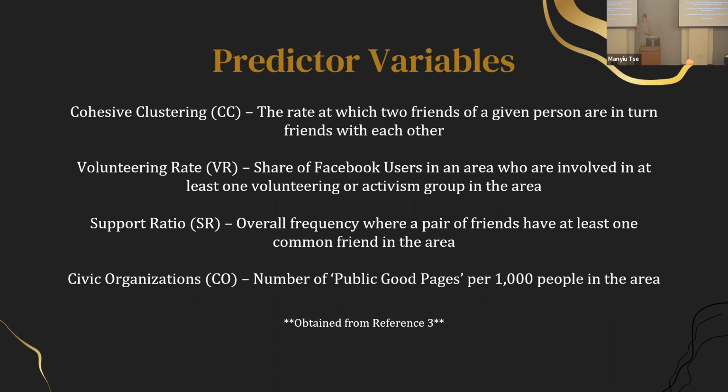The two that seem similar are cohesive clustering and support ratio. With cohesive clustering, you start with one individual and look at two of their friends to see if they're connected. With support ratio, you start with two different individuals who are friends, and you try to find a connected friend to them. So that's the difference between those two.